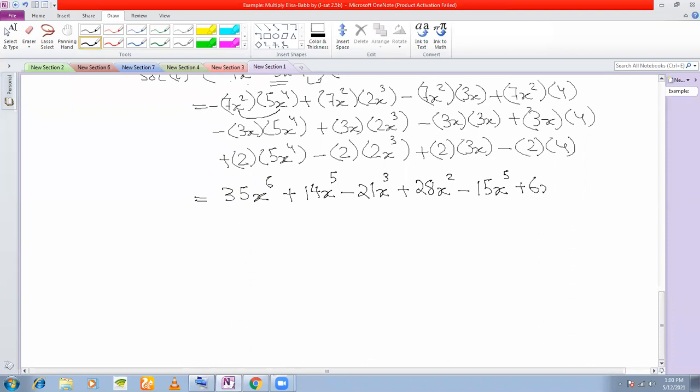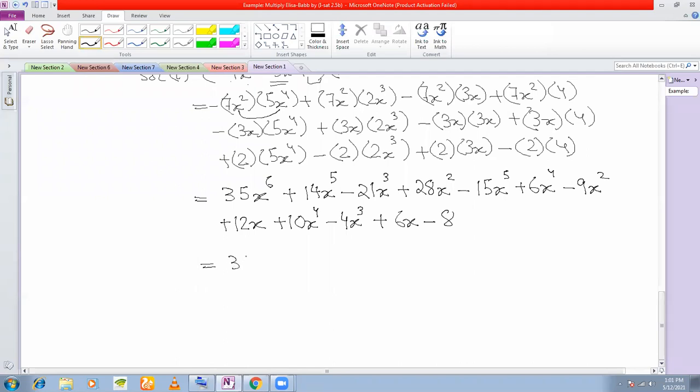Plus 6 x to the power of 4. Minus 9x square. Plus 12x. Plus 10x to the power of 4 minus 4x cube plus 6x minus 8.